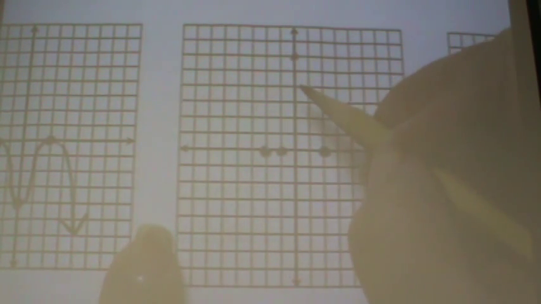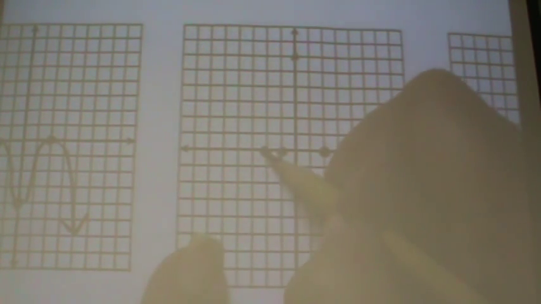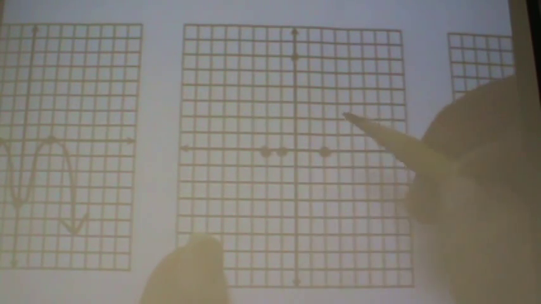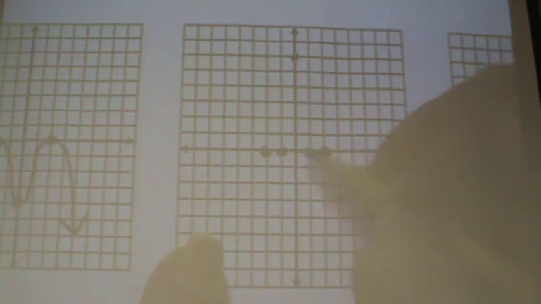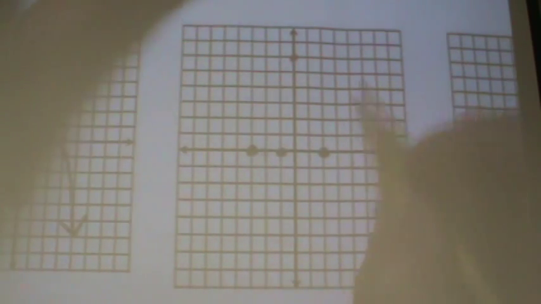So this thing is going to be coming from the left. I'm sorry, I have negative 1, negative 3 should be right there. Negative 3 and 2. So it's coming from this direction.